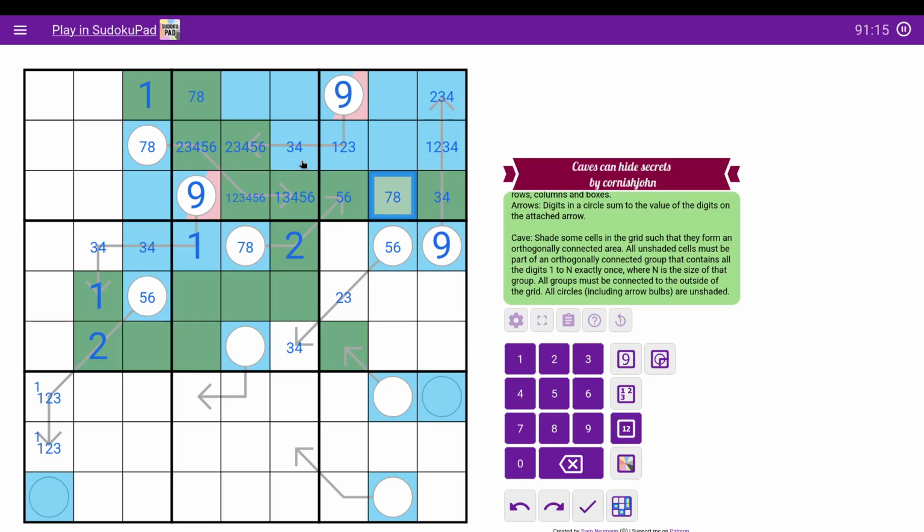This must be 7 or 8 to be the other 7 or 8 that's up here. And since we have a 7, 8 pair up here, this cannot be 7 or 8. And it's not 1 through 4. So it's 5 or 6. This is 7 or 8.